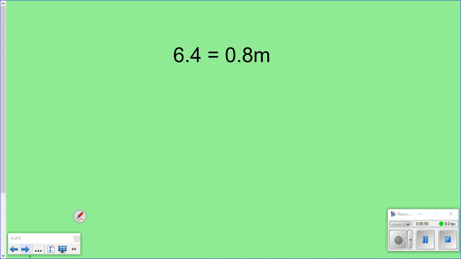You try one yourself. Remember, you're always working with the number that's with the variable first.